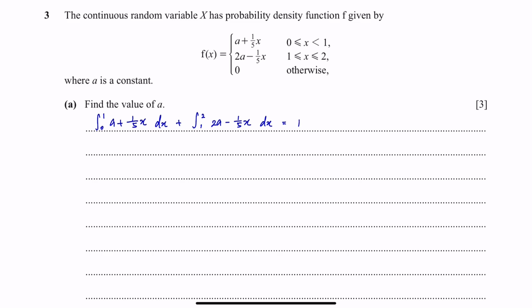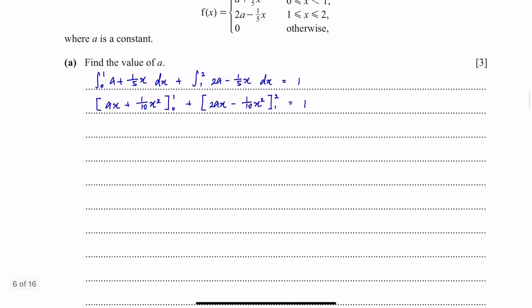And the addition of it is 1. So now we have ax plus 1/10 of x squared from 0 to 1 plus 2ax minus 1/10 of x squared from 1 to 2. And this would be equal to 1.